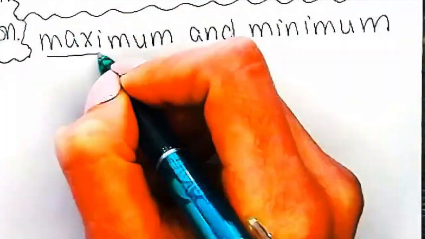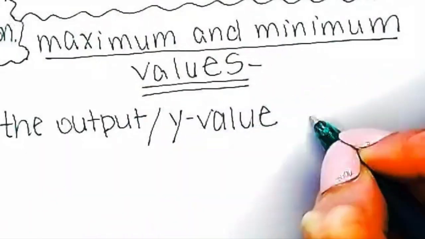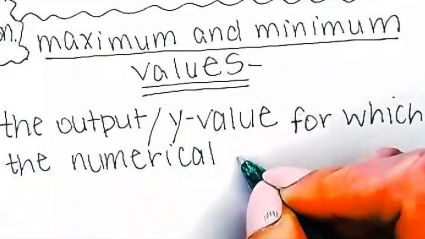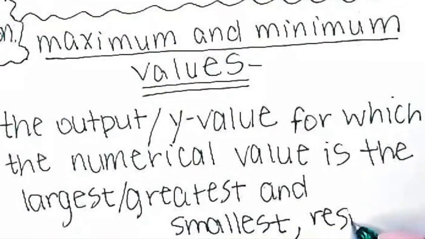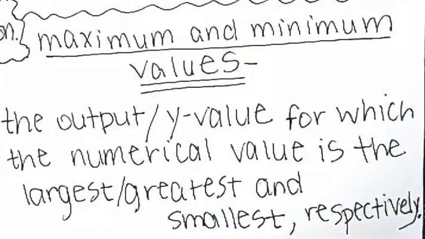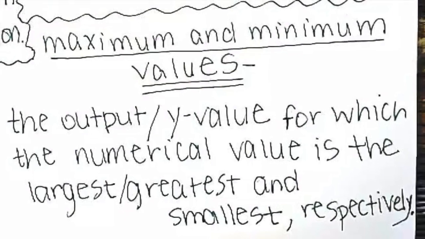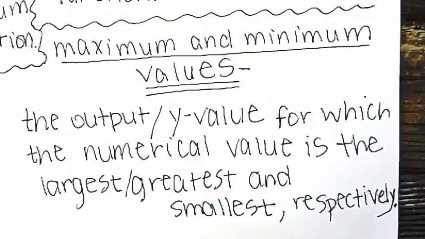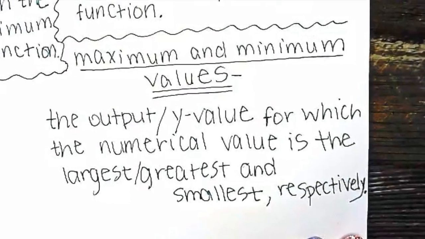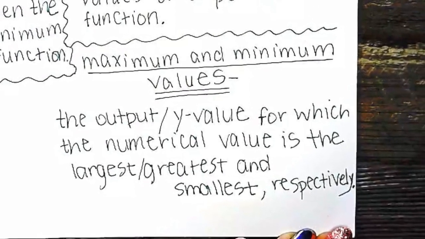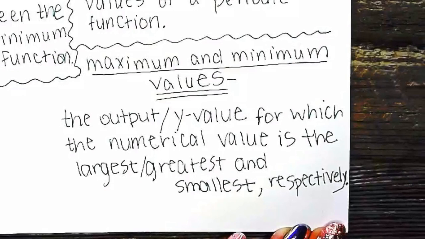Maximum and minimum values: the output/y value for which the numerical value is the largest/greatest and smallest, respectively. If you're asked to describe the maximum or minimum value, it's important that you only describe the y value. You don't need to give an x and y coordinate. When we ask for a value, we're really only asking for the output value.